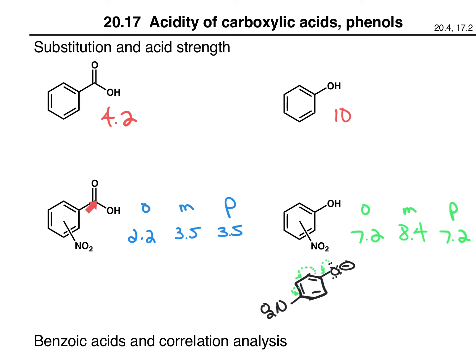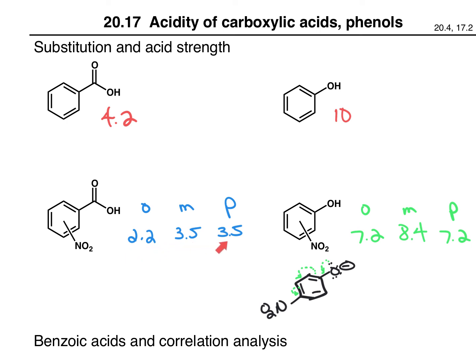Right? Notice that doesn't happen here because there's resonance within here and there's resonance within here, but there's no resonance between them. Here, we do have resonance between the reaction site and the ring, and therefore direct interaction with the substituent. So that's why we see a difference.